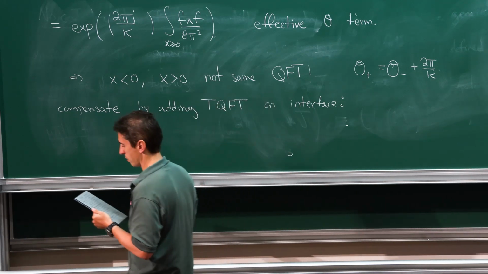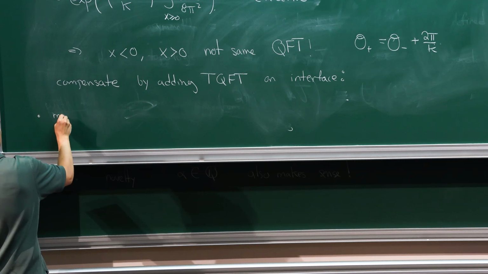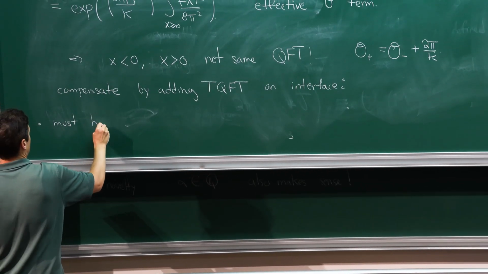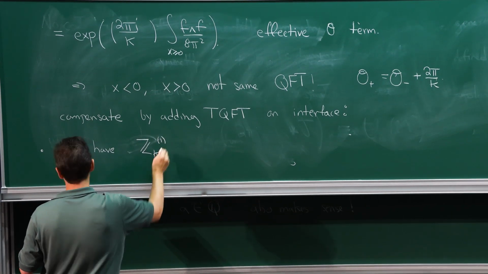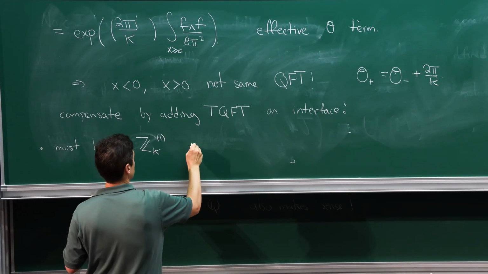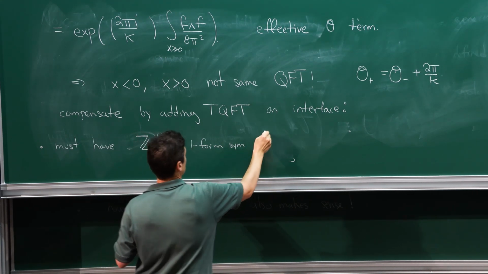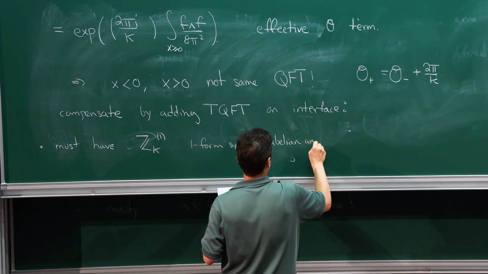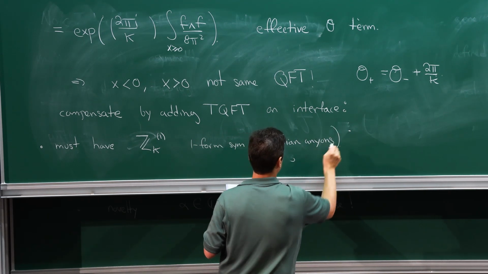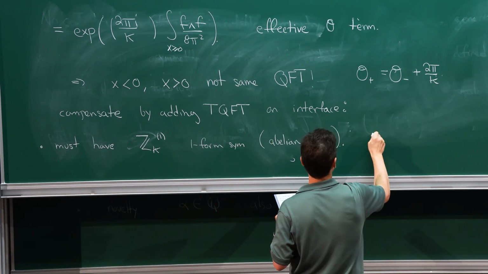And there were two key properties of this TQFT. It must have Z_K one-form symmetry, so some particular abelian anyons. That's the first thing.